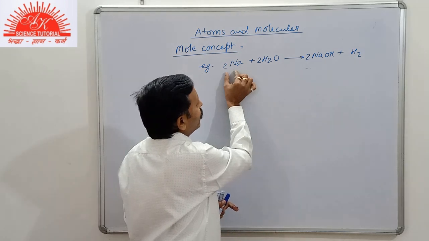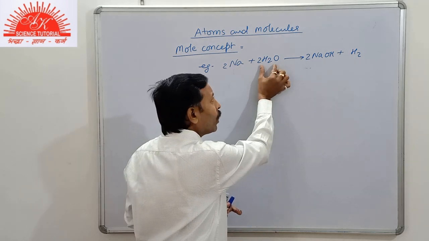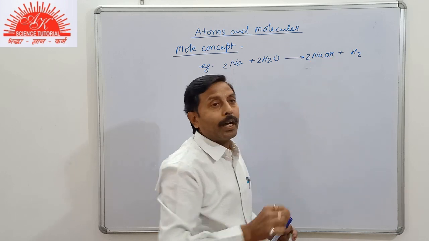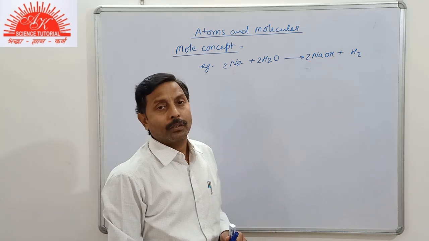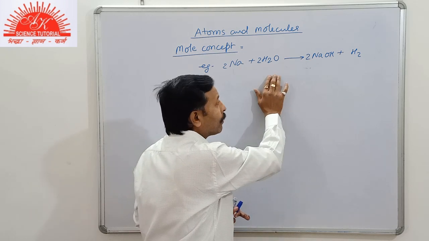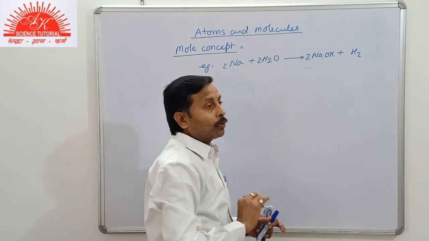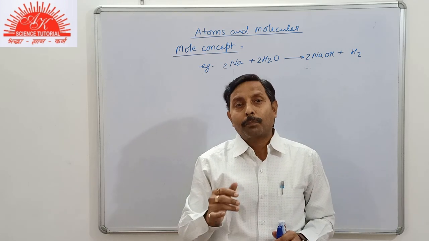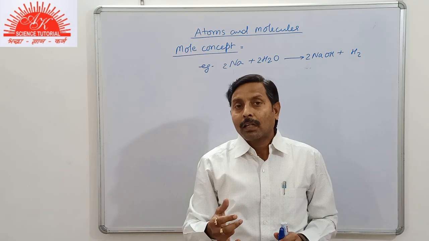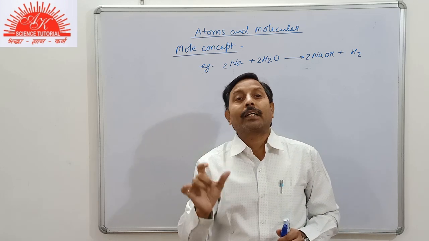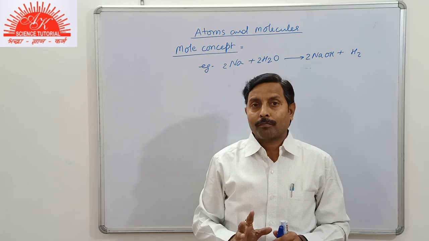Like 2 atoms of sodium combine with 2 molecules of water to give 2 molecules of sodium hydroxide and 1 molecule of hydrogen. Or we can represent it by taking their masses. So it is quite convenient to express or measure the amount of substance in the number of particles contained in it.